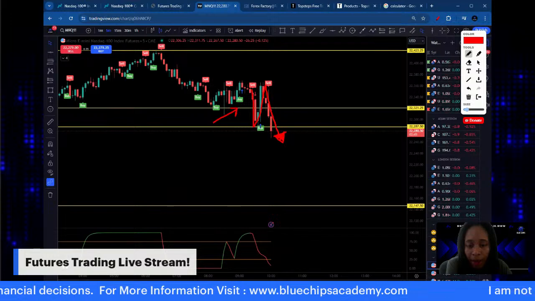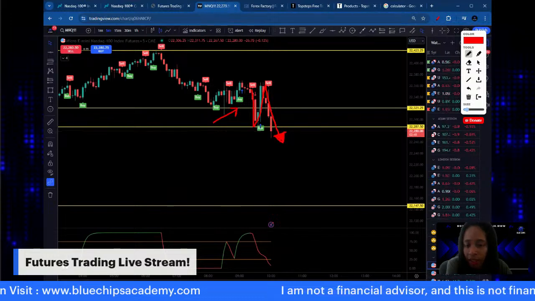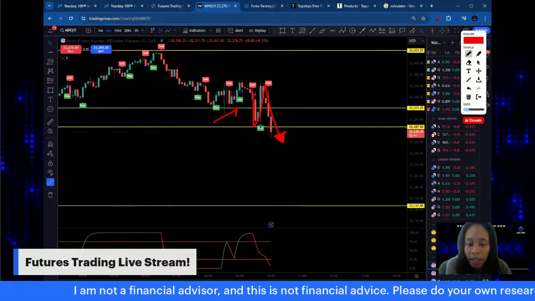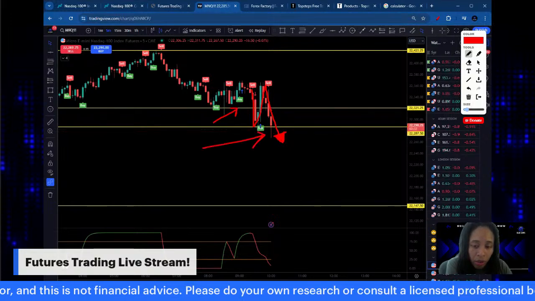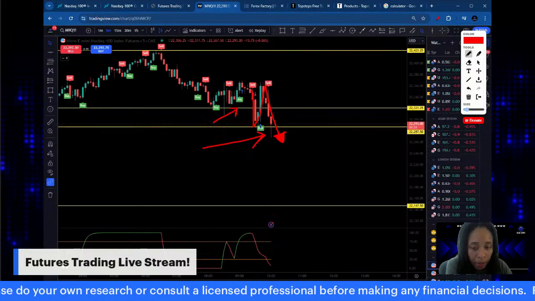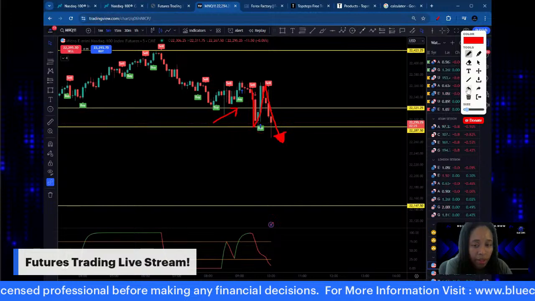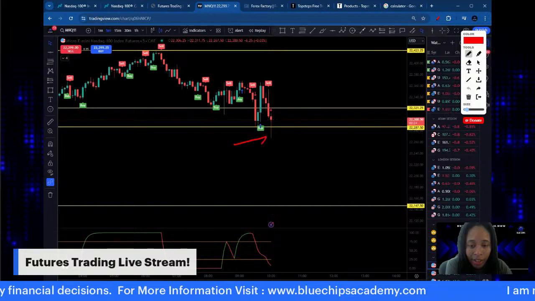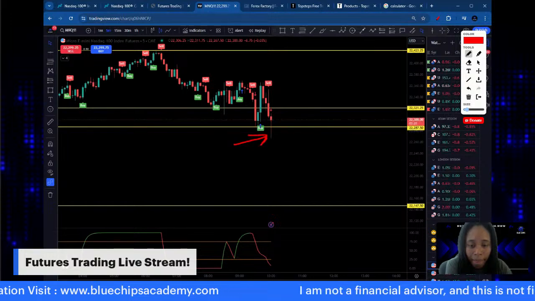For me, I've already hit my stopping point for today, so I wouldn't get into this trade, regardless if I'm trading demo or not. But this is a good sale if this closes out solid. For those of you all who are considering, if this again, a big if, this candle closes out solid, because look at this wick that's happening right now. This thing is, whew, it is out for all the stop losses today.